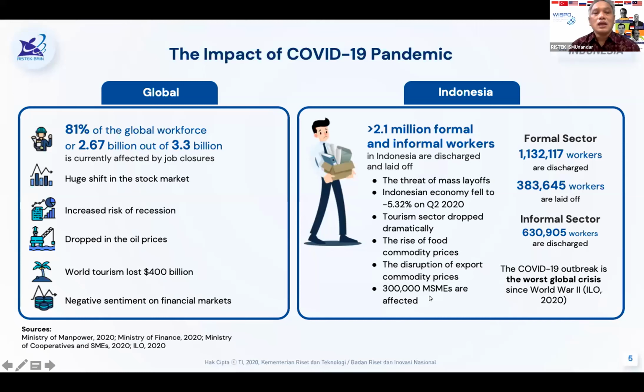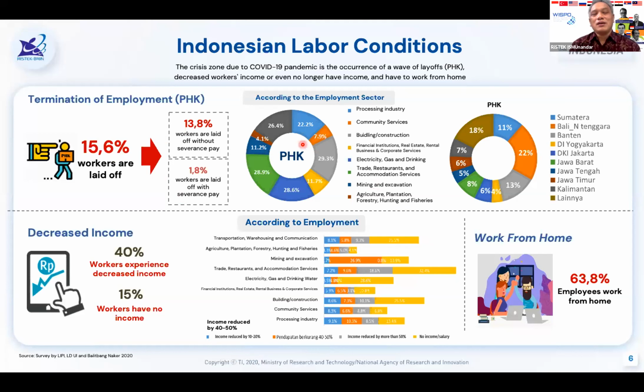The people doing mostly manual work find it very difficult to work from home, and this is why there are terminations and layoffs. Our formal labor condition is mainly dominated by workers that still work on manual tasks.